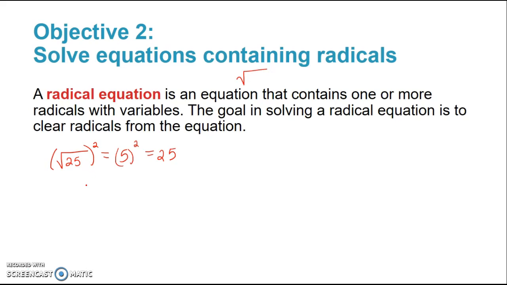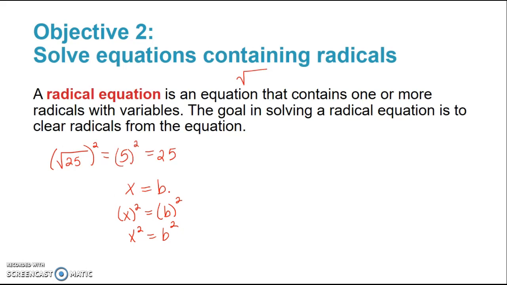So if I have an equation of the form, let's just say x equals b, then what I'm going to have to do is raise each side to the same power to get rid of the radical. So I would get something in the form x squared equals b squared.